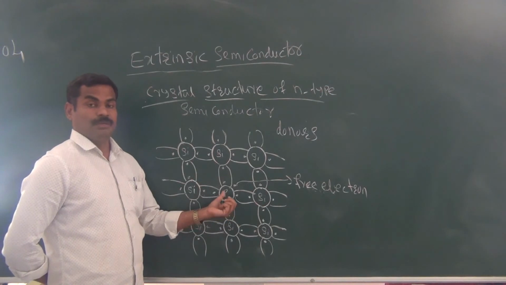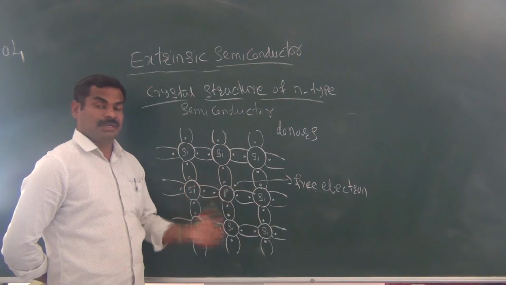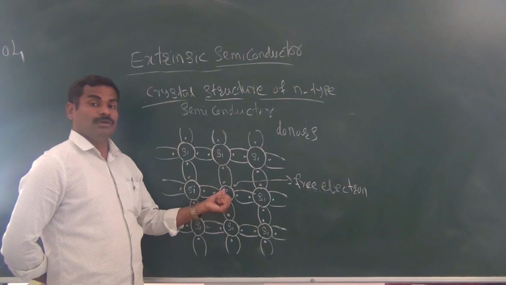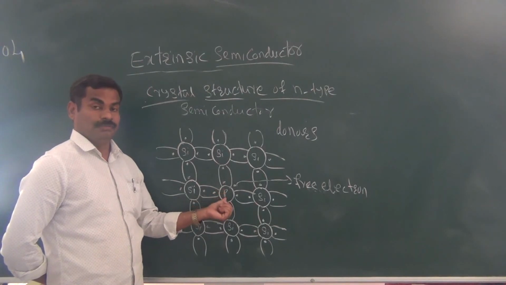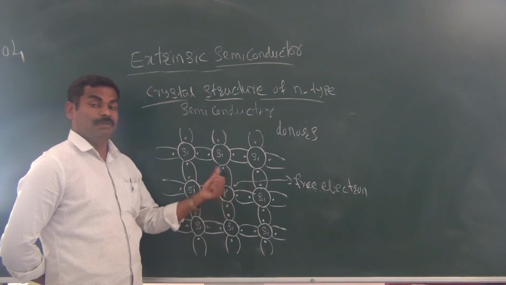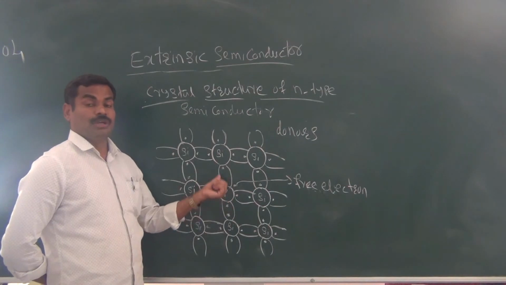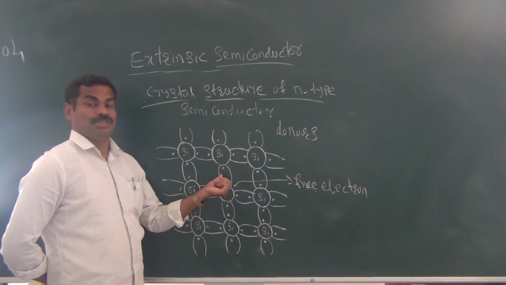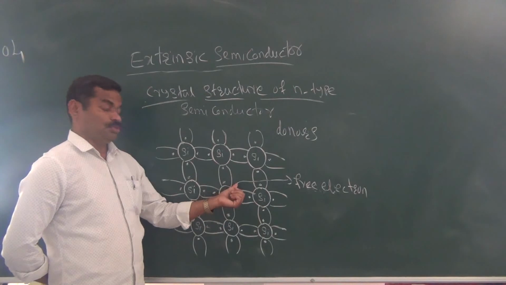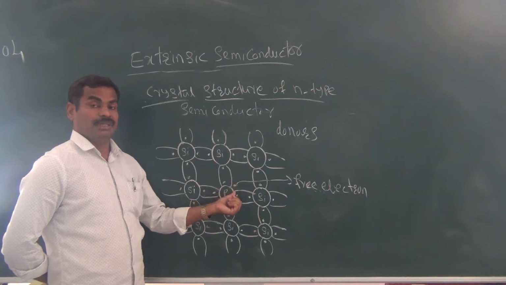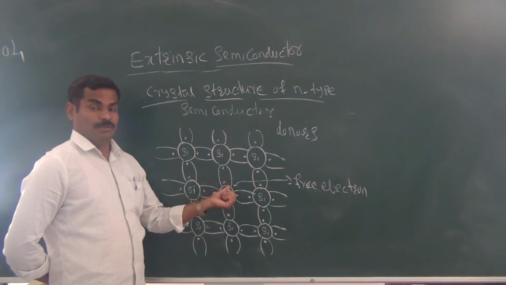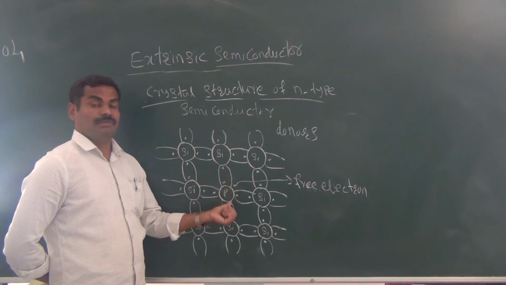As we know, phosphorus has 5 valence electrons. Four of them make covalent bonds with the neighboring atoms of the pure semiconductor, silicon. It means one electron is totally free. It does not have any covalent bond, because you only need 4 and there are already 4.